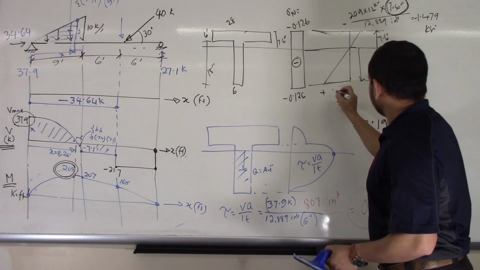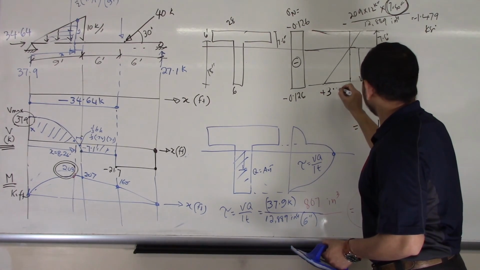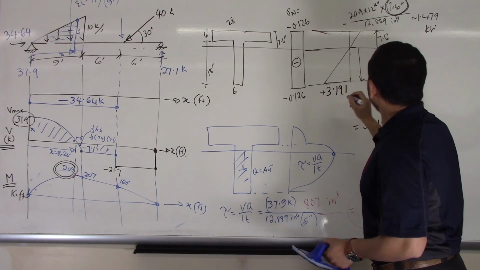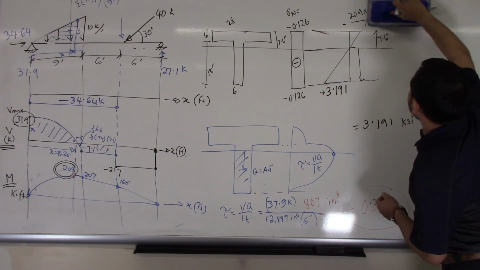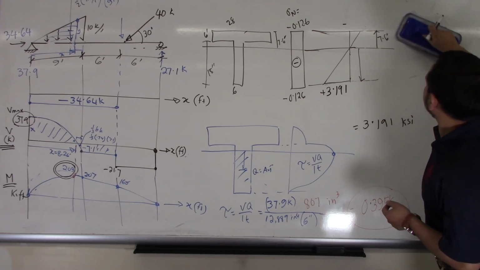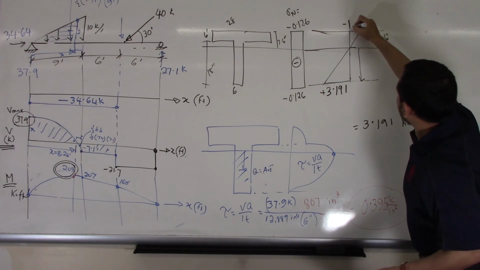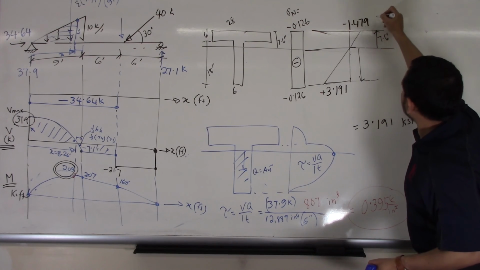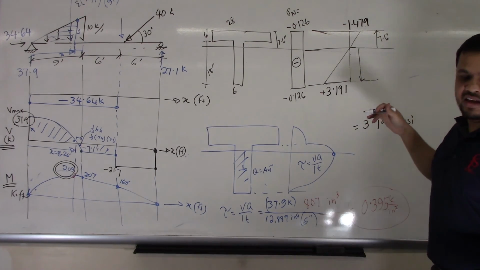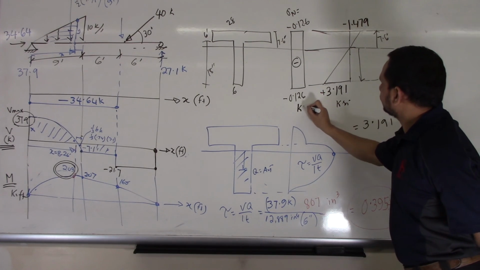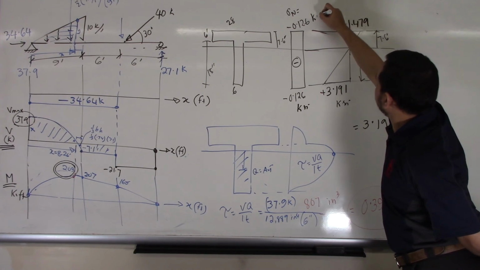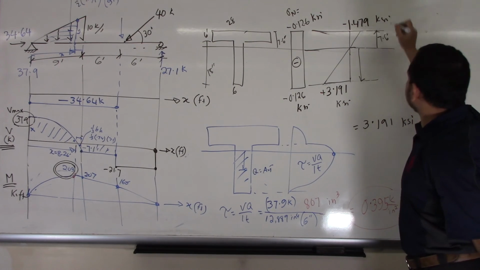My stress here is 3.191 and 1.479. Here, 1.479. So all the values are ksi.